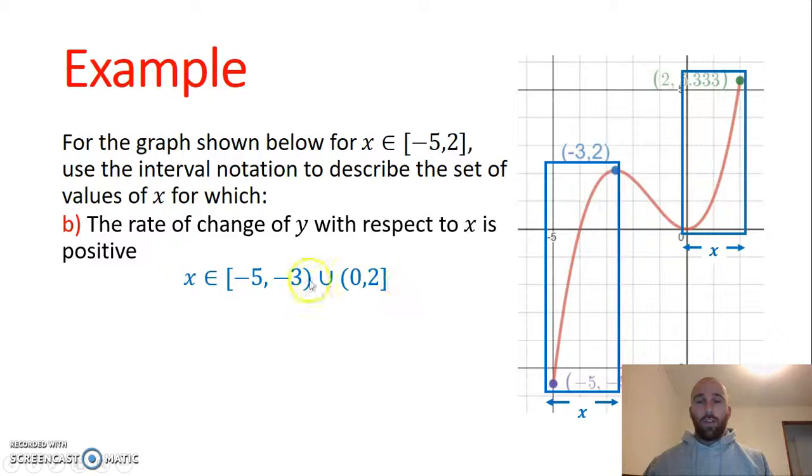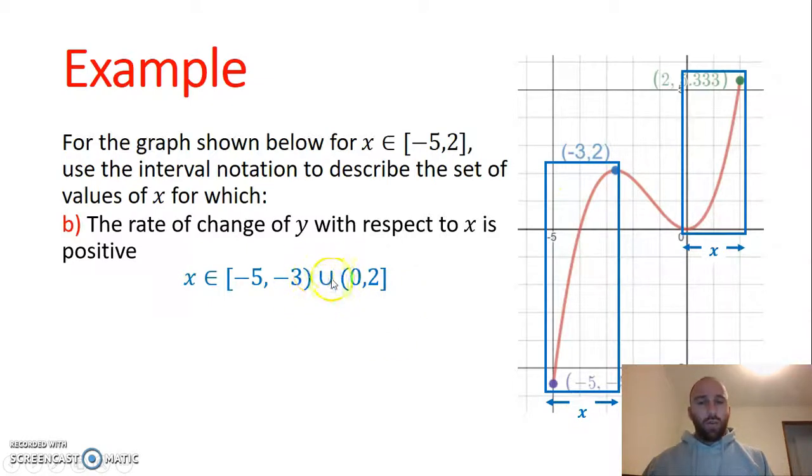Okay, so the first section is x is an element of [-5, so we're including -5, because the initial graph included -5 up to -3. But notice at this point I'm not including -3, because remember that is our 0 rate of change, which is neither positive nor negative.